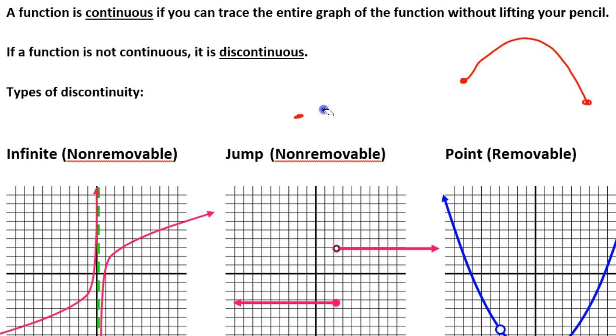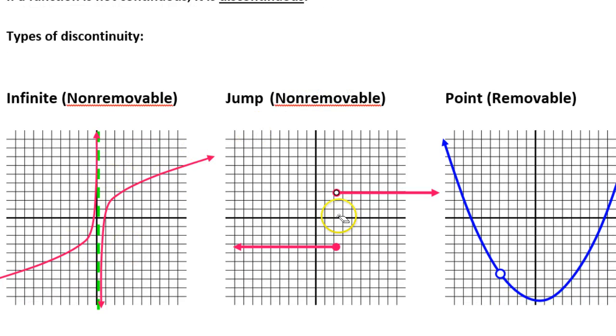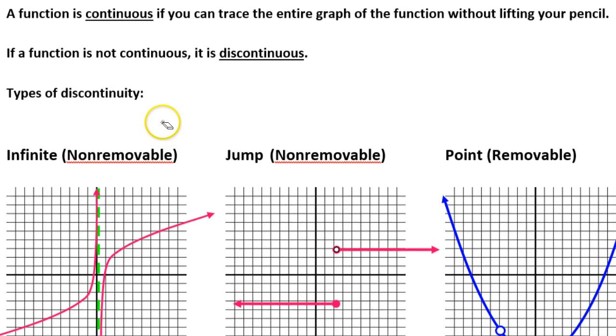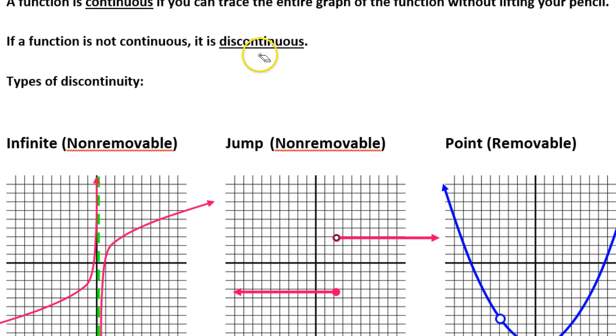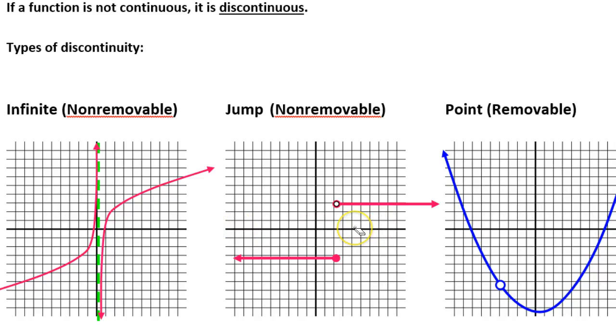So there are lots of different ways to have a break. Now, when you have a break in a graph, it's not called a break, it's called a discontinuity. So a graph that is discontinuous is going to have some sort of a break in it, but that break is called a discontinuity.